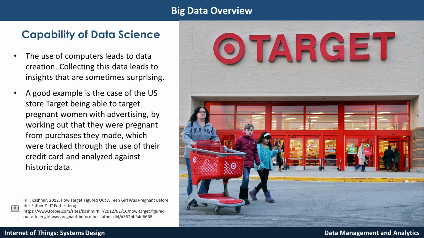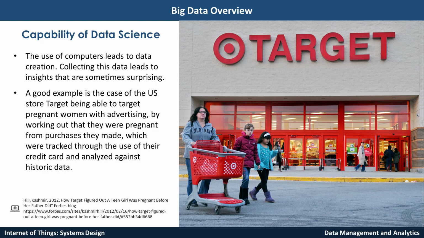Most of the non-technical people tend to underestimate the capability of data science. So here we are talking about a use case related to Target, where based on the products someone buys, Target was able to identify a particular individual is pregnant before even the family members get to know that.